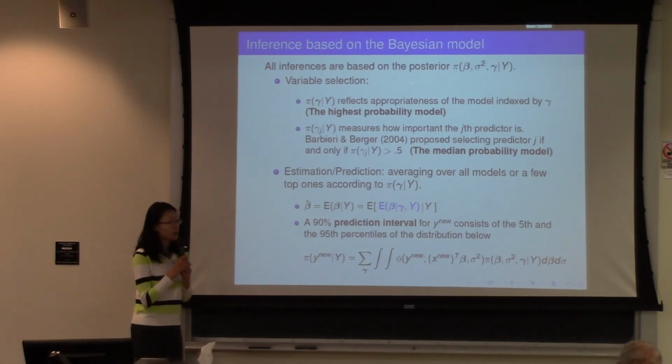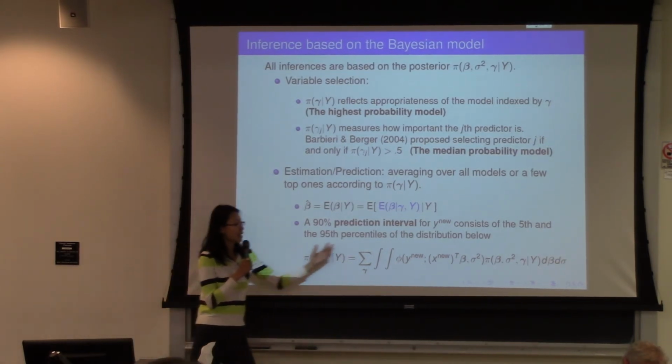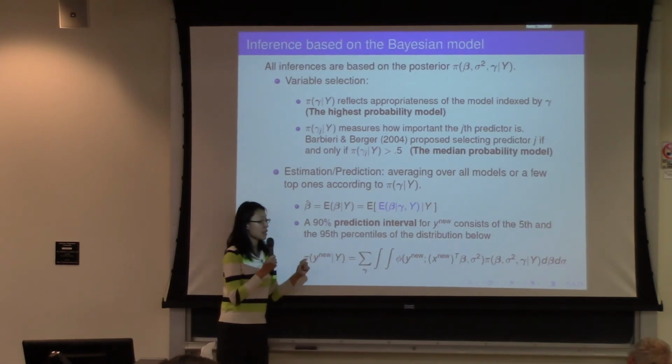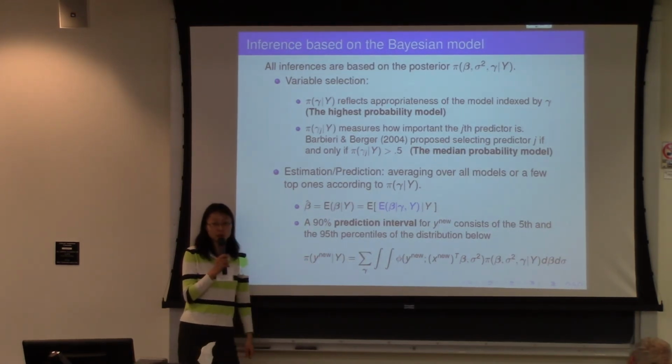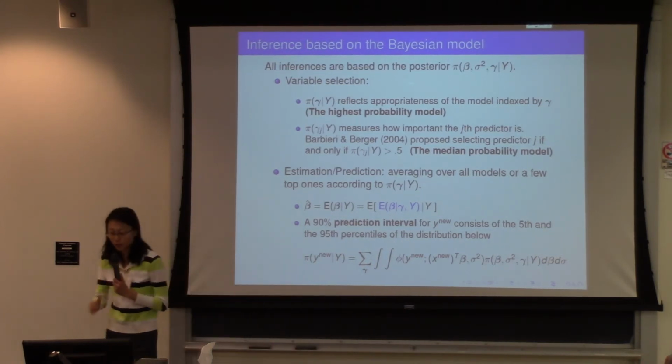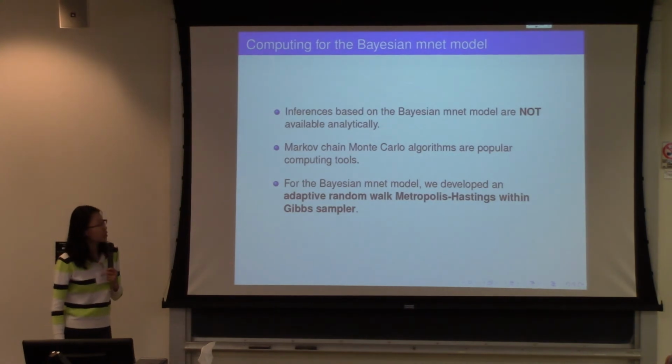But one problem with doing Bayesian analysis is that your analysis involves the posterior distribution, which is known only up to a normalizing constant, and you have to do some high-dimensional integral with respect to it. So computing is a big issue.